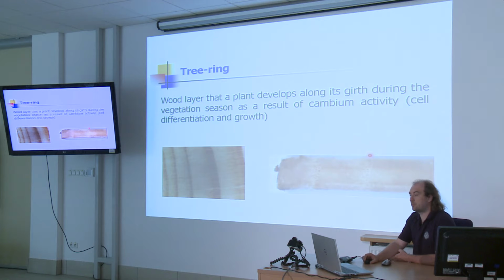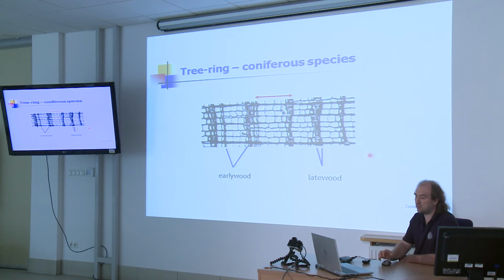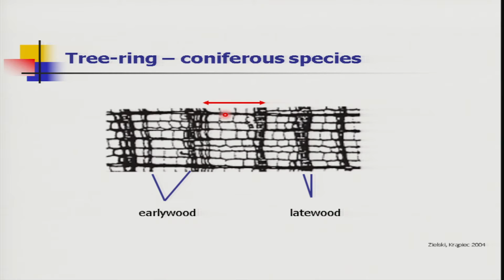We distinguish different types of tree rings, which is related to the type of species that produce these rings. For coniferous species, it's quite easy to determine the tree ring because we can clearly recognize early wood, which usually is more pale, and late wood, which is more dark.